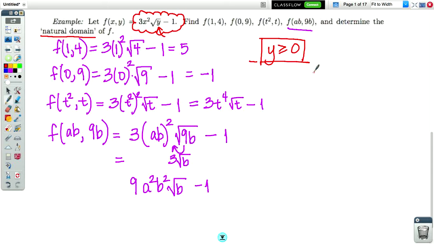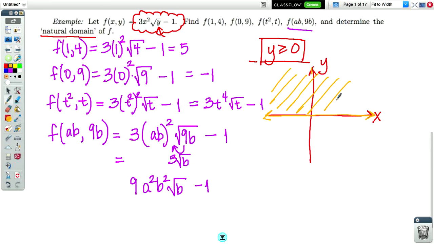Now, if we were looking at this in 2 dimensions, a regular old 2-dimensional graph where this is my y-axis, this is my x-axis, I'm just saying y has to be greater than or equal to 0, which means that we could lie on this line, the x-axis, that would be fine, and anything up above the x-axis would also be fine.